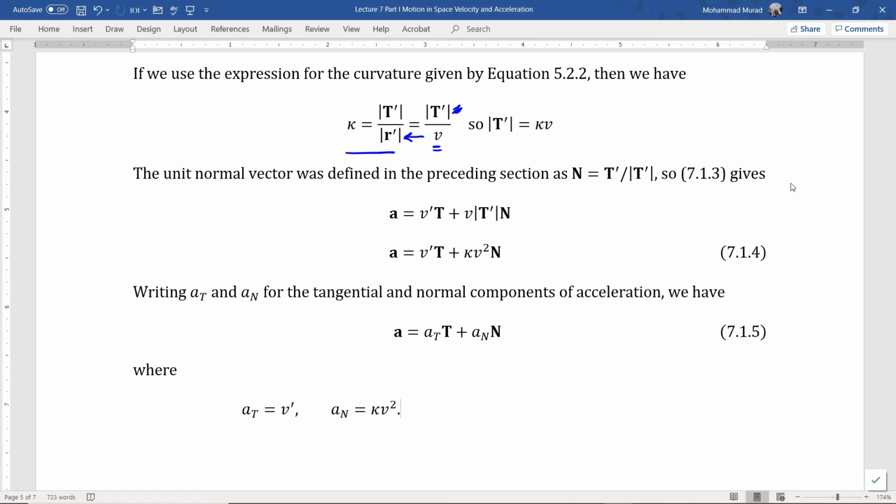Therefore, the magnitude of the first derivative of the unit tangent vector can be written as the product of the curvature and the speed of the particle.